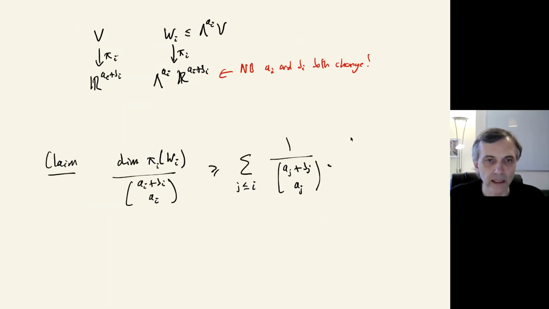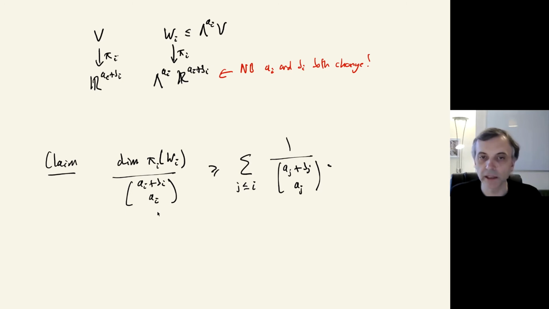Okay, right. So again, we've got this projection, and the claim is just going to be that that evolves in the following way: the dimension of the projection of W_i divided by the dimension of the underlying space. So it's the A_i-th exterior power of A_i plus B_i dimensional real space. So that has dimension A_i plus B_i choose A_i.